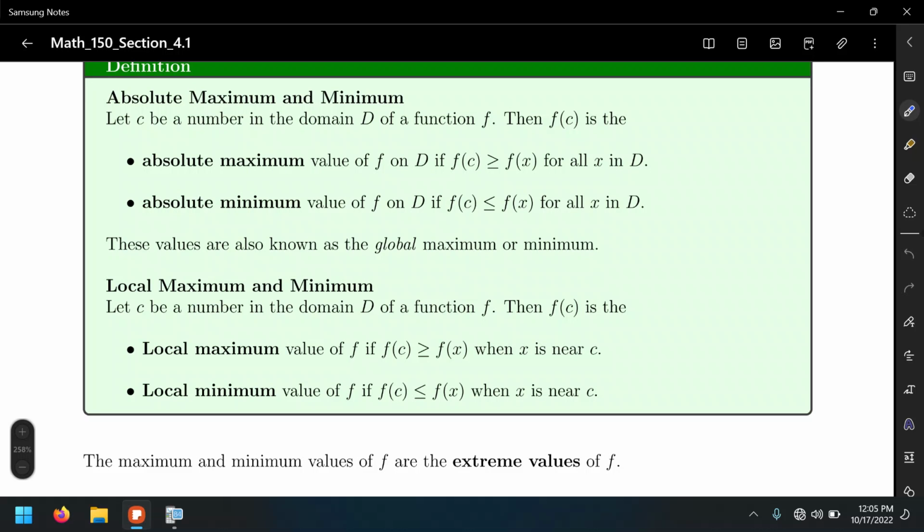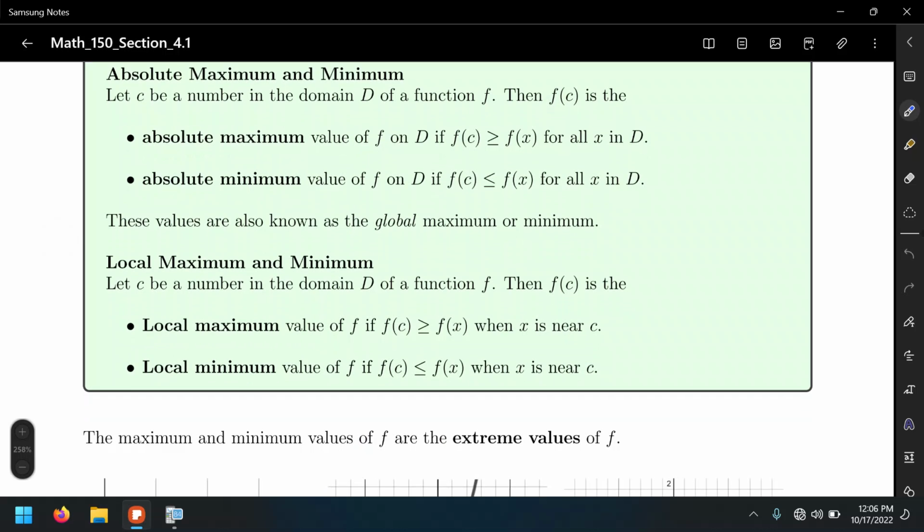Because if we look at a function, for example, a function may have more than one maximum in some close interval, but which one would be the largest? Which one is the absolute maximum? The absolute maximum is the largest of the maximums, and at the same time a function may have more than one minimum value on some closed interval. So the lowest value is actually the absolute minimum. So that's the difference between local and absolute.